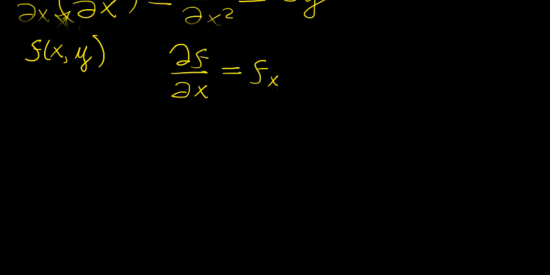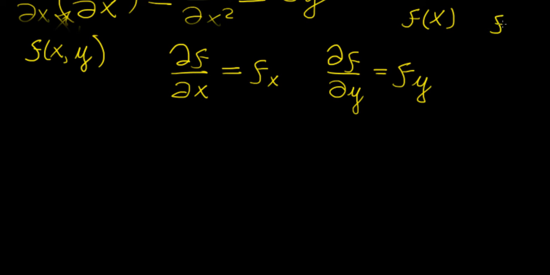So a subscript of x means that we're taking the partial derivative of f with respect to x. Then in the same manner, we can have the following notation. This is just the shorthand notation, and it is equivalent to what we have when we have a function of a single variable and we have f prime as the shorthand notation for the derivative. So this is going to be the partial derivative of f with respect to y.